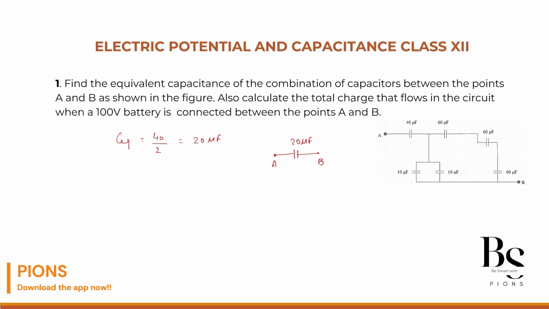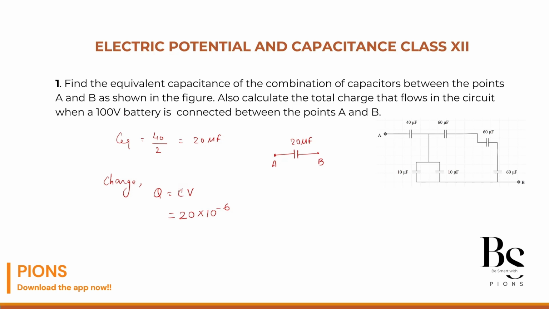When you are finding the charge, you have to get it in a standard unit. We know that the charge across the circuit can be found as Q equals CV. Now what is the equivalent capacitance here? 20 microfarad. Be very careful, you have to convert it into 10 to the power minus 6, that is farad, because the standard unit for charge is coulombs.